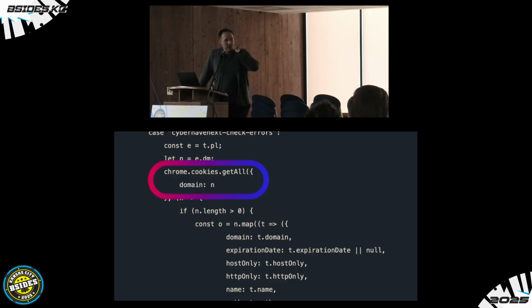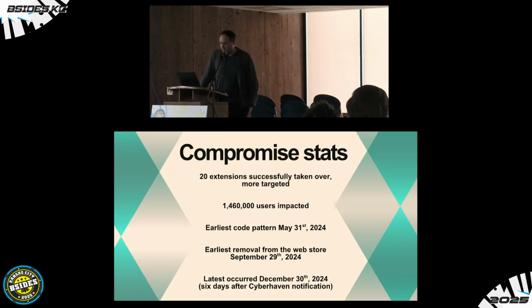Not only was it a supply chain attack through a security vendor that did DLP and would have access to sensitive data, but it also transfers out to all of their customers. Just with Cyberhaven alone, 400,000 people had this extension updated and started grabbing cookies for any domain as defined by the attacker. Really nasty attack.